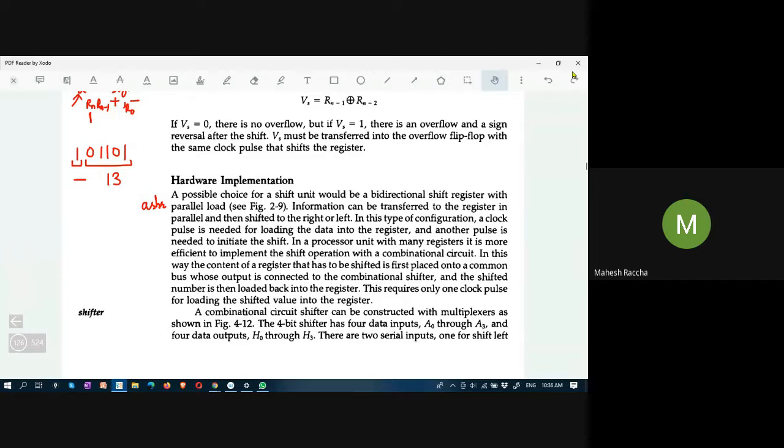Zero zero 1101. 0, 0, 1, 1, 01. This one is lost. Okay, this is like logical. One zero one one zero, this is 1, 0, 0.